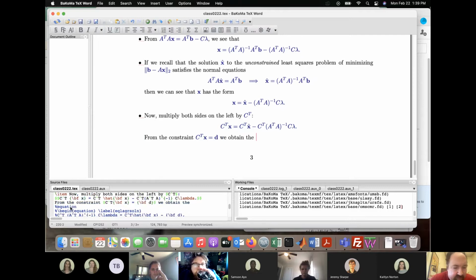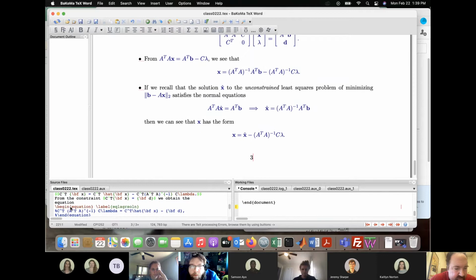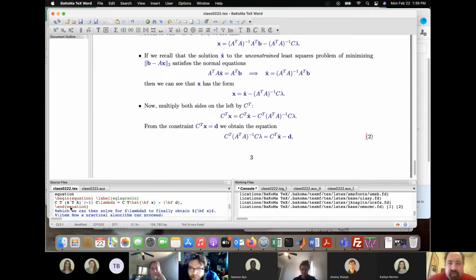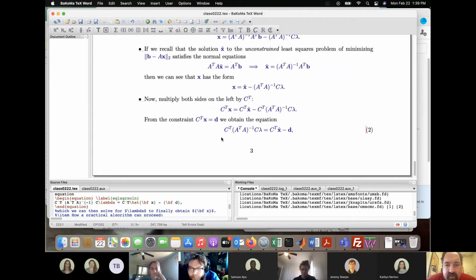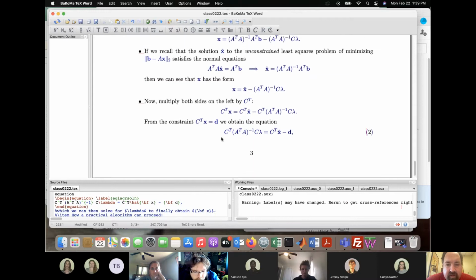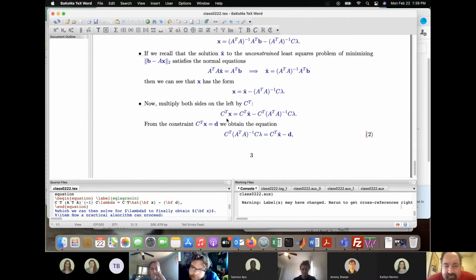So now this becomes d. Now I have an equation that I can solve for lambda, because at this point everything here is known except for lambda.